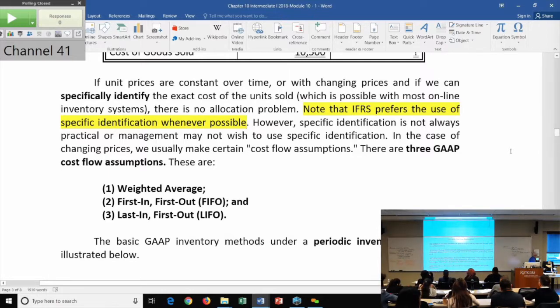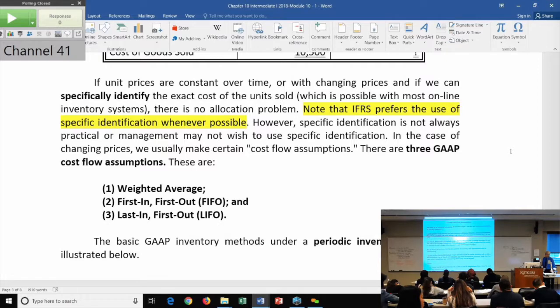The FIFO method, first one in and the first one out. And that's going to be, I think, the most logical method for most companies. First let me tell you that when you look at FIFO, it will assign the most recent cost to ending inventory, the oldest cost to the cost of goods sold.